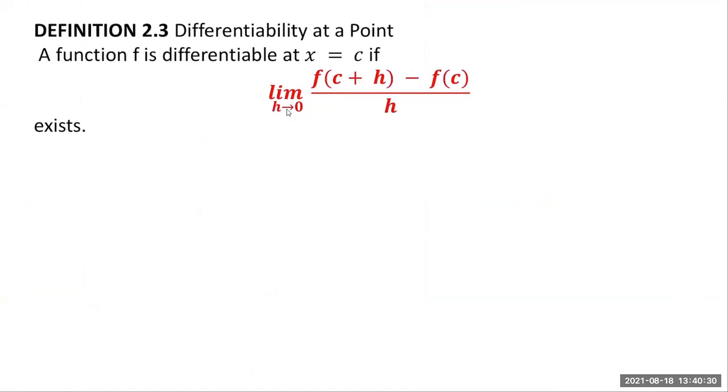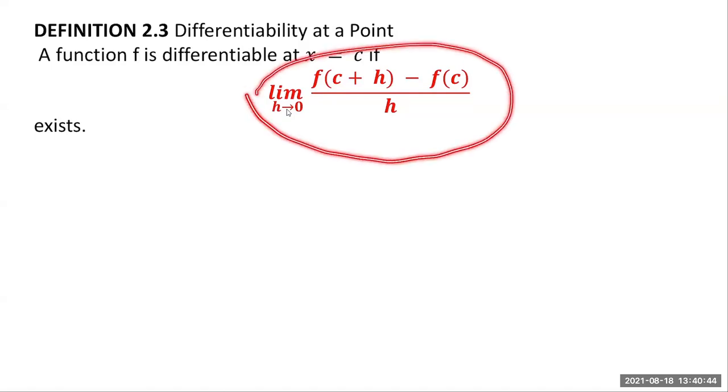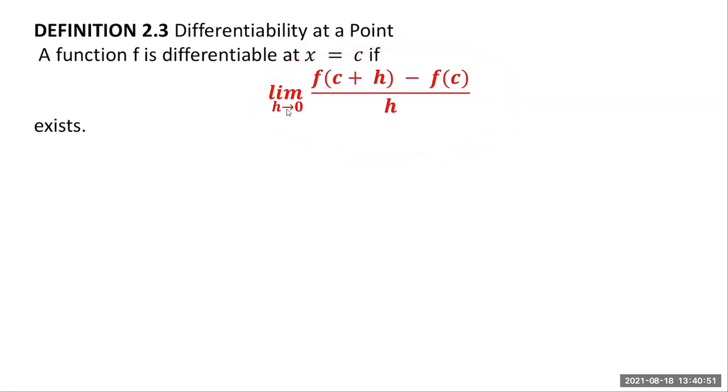Okay, next thing I want to talk about is definition 2.3, differentiability at a point. When do you say that a function is differentiable at a point x equals c? Here is the definition. A function f is differentiable at x equals c if this limit exists.